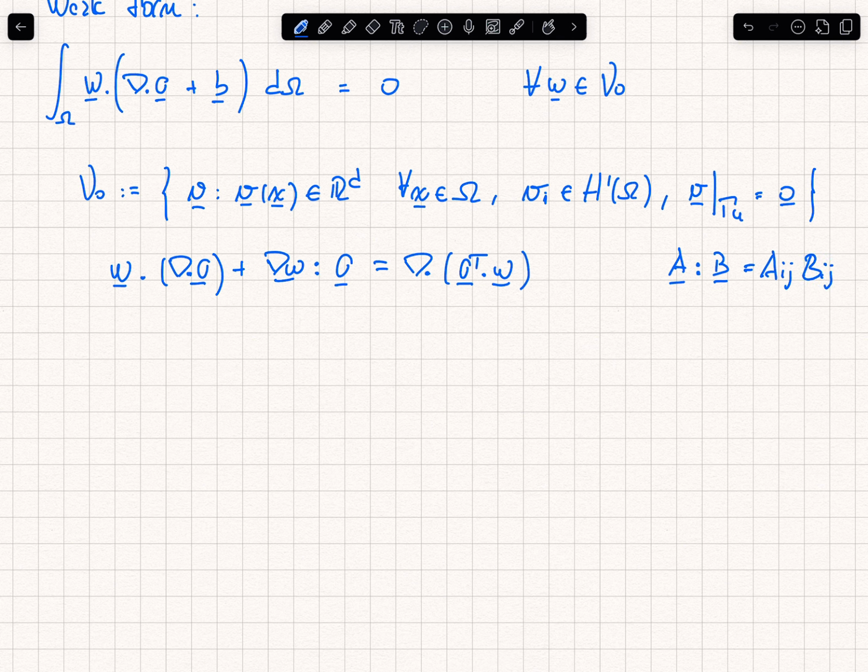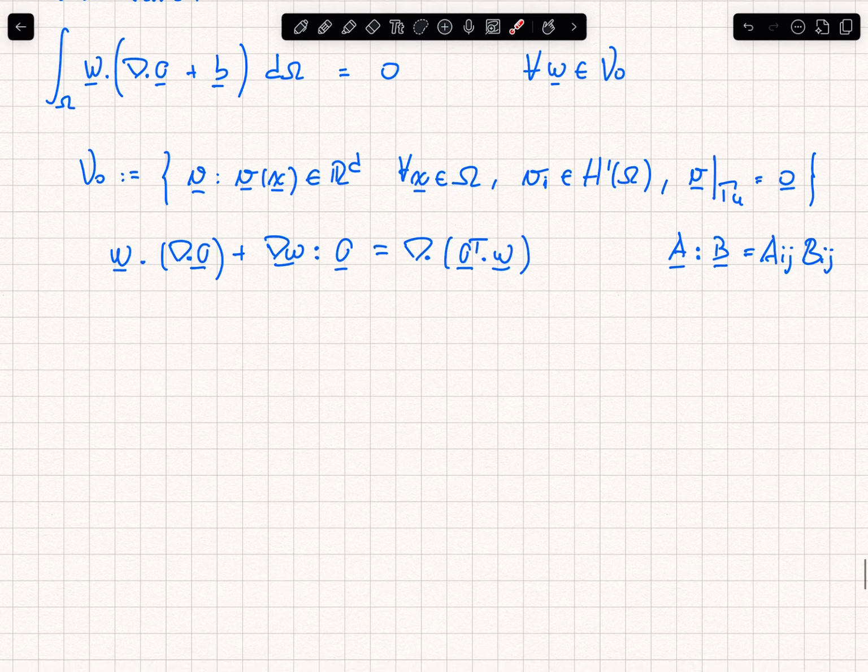So this whole thing here is basically a scalar, because W is a vector, and the moment I take the gradient it's a tensor, so that tensor is contracted with another tensor. This operation is very simple. You go to the 1,1 component of the first tensor, multiply by the 1,1 component of the second tensor, plus 1,2 times 1,2, and so on, and that is basically a scalar.